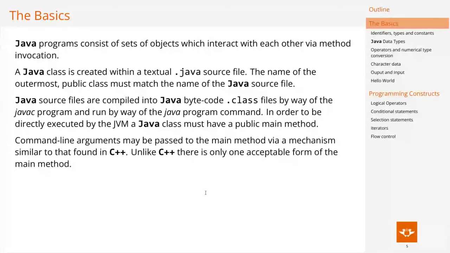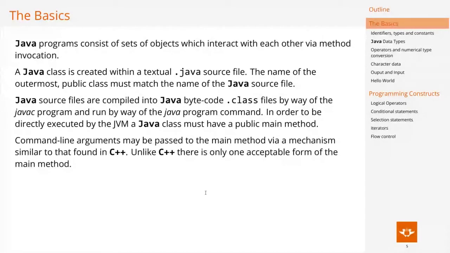An outer class is the class that appears at the top without any nesting. We saw that was a problem. If you don't name it correctly, the compiler tells you this class should be in a file named so-and-so. So you have to make sure that actually works.